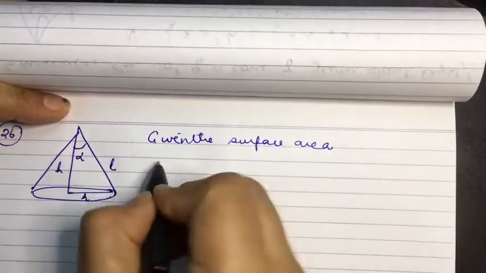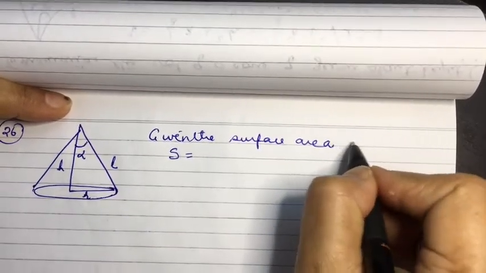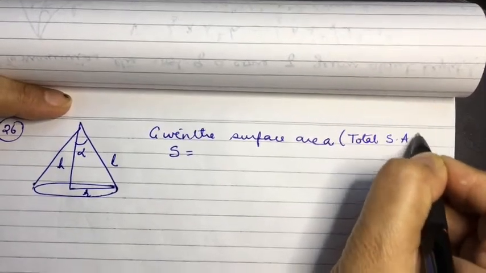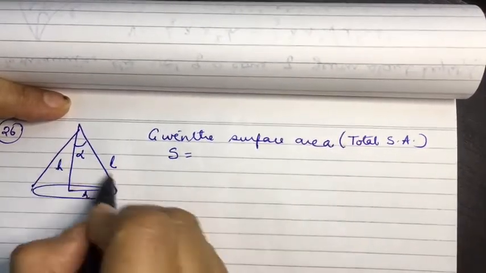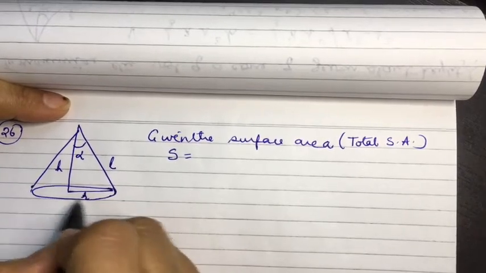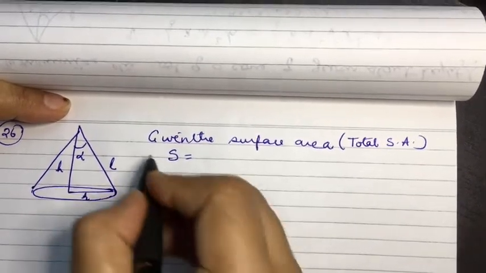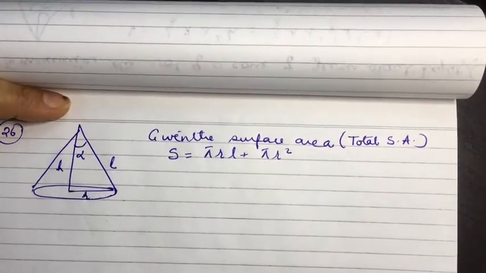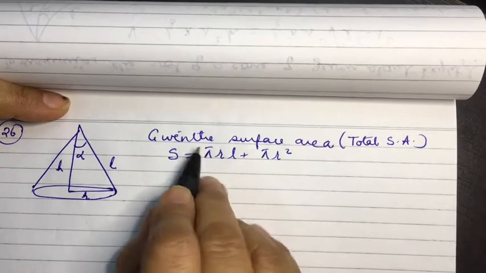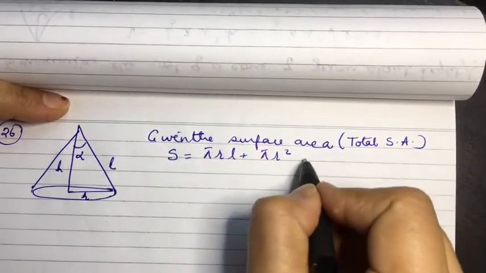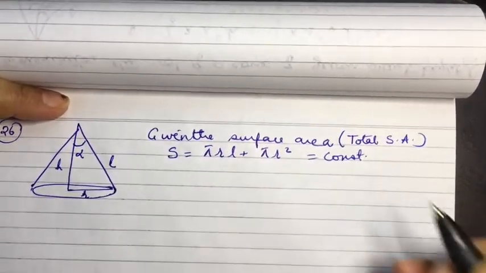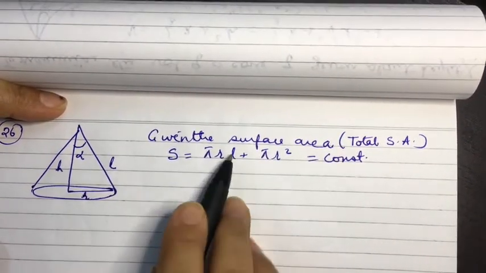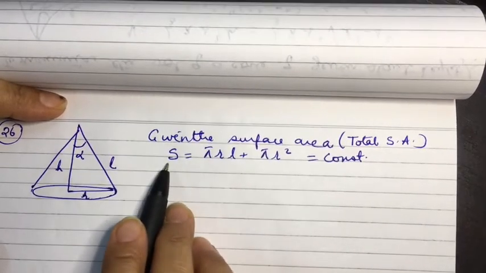When they say surface area, it means the total surface area, which is the curved surface area plus the area of the base. So we have pi r L plus pi r square is the surface area, which is given to us as a constant. From here we will find the value of L in terms of r and the constant s.